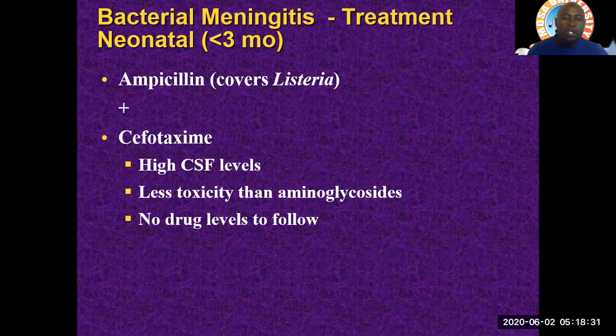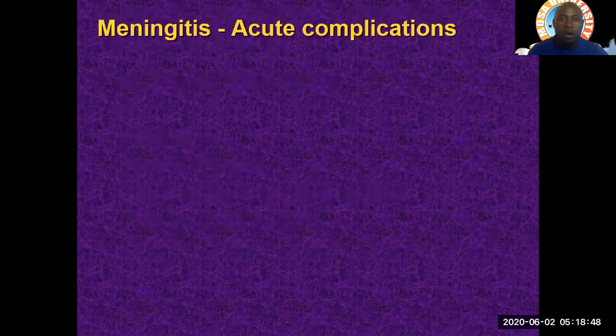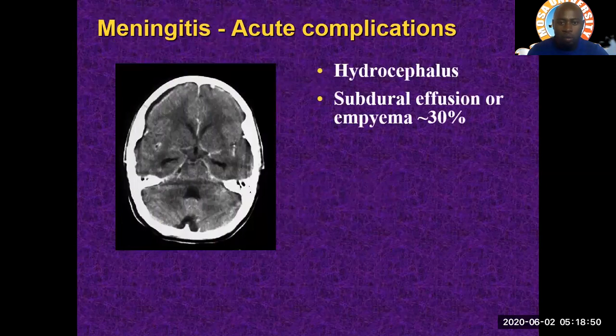Okay? Also, we will ensure that there are no other drug levels that need to be followed. We also ensure that it is not extracted in the bowel, or not being inhibited in the bowel flora.